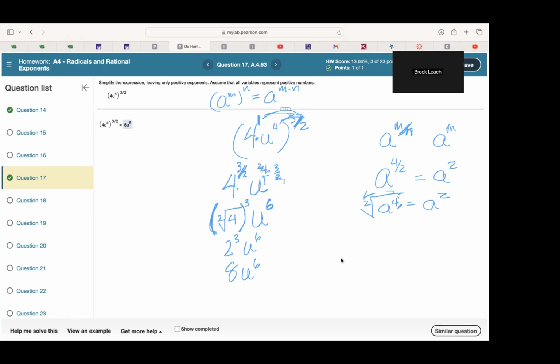It's a 1. So we are taking the 3/2 of the 4 as well. What people tend to do is forget about the number. They skip over the number. It's common. We all kind of do it. Next one.